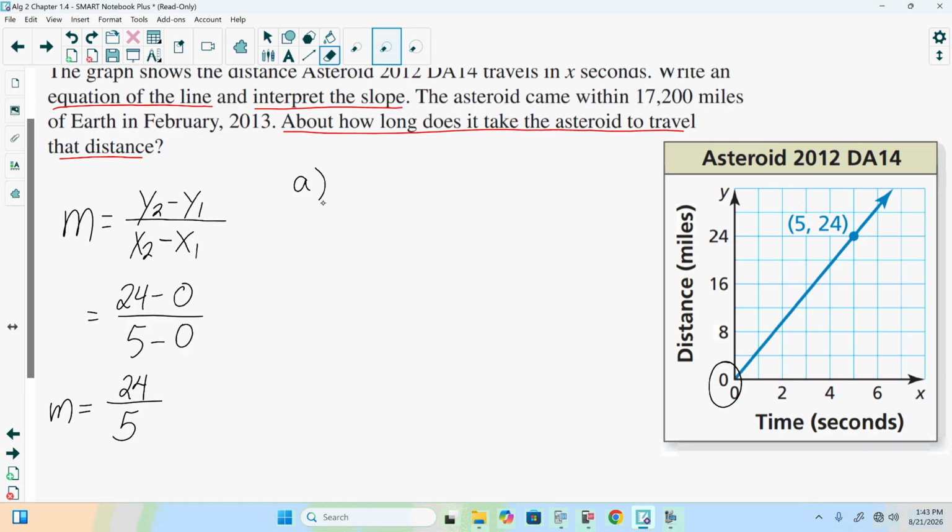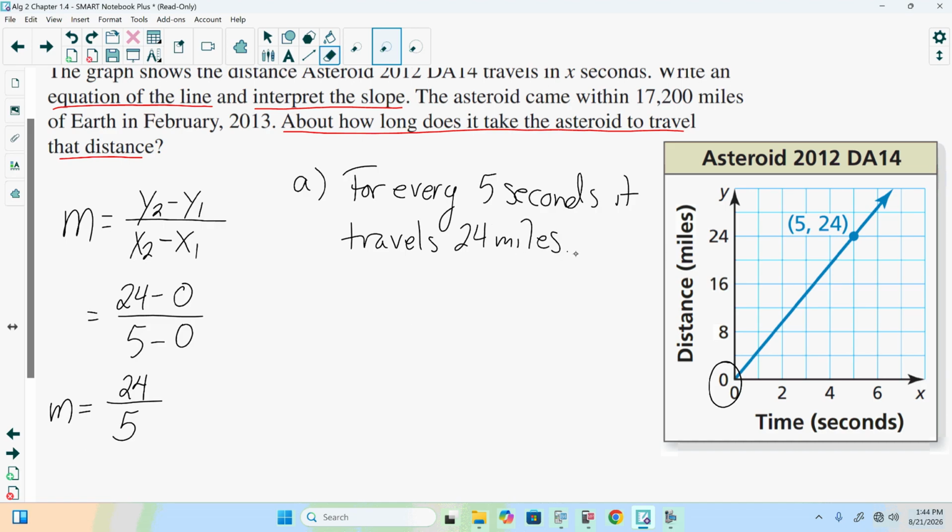Y is our distance in miles. So we could say for every 5 seconds, it travels how far? 24 miles. All we're doing is saying, what does the slope tell us?